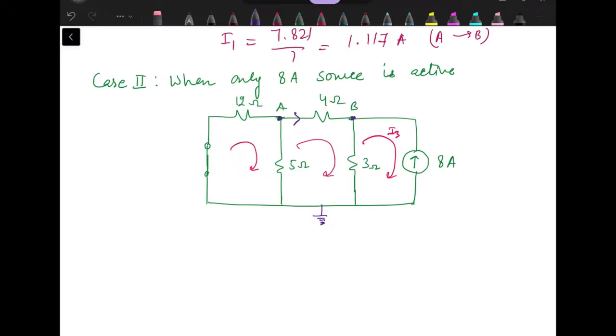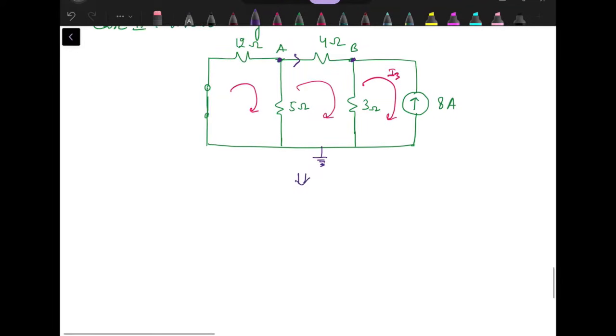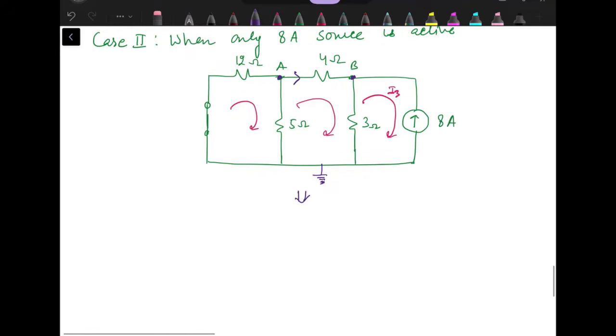But we can have one more choice, that we can apply current division rule. This circuit can be simplified to, if we just look at these two resistances, these two are in parallel.